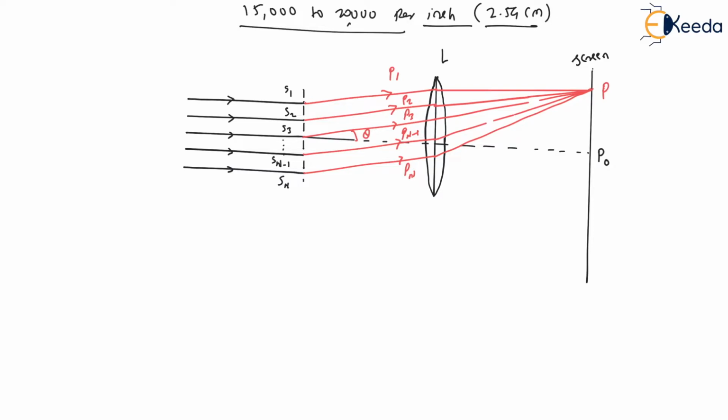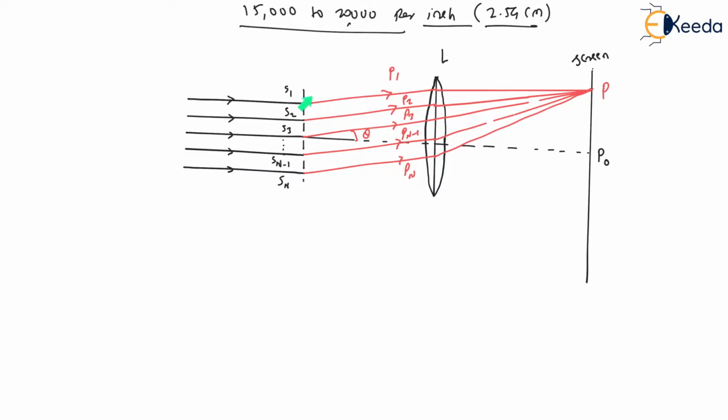For that purpose, we consider the basic theory, which is the same as for a double slit. All these light waves, P1, P2 up to Pn, are the collection of n number of secondary wavelets for a single slit.